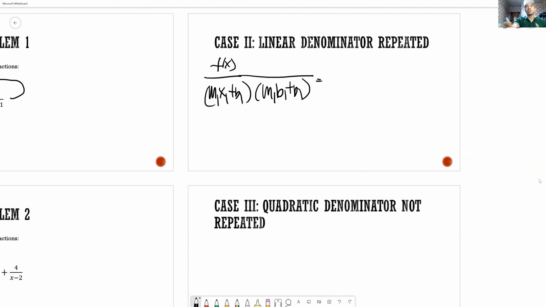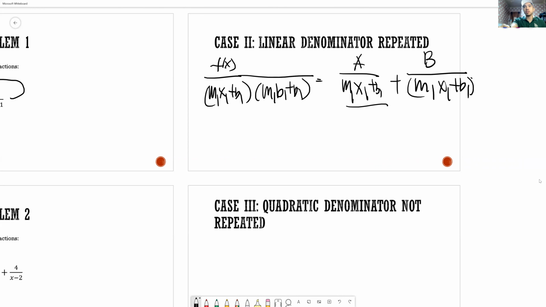Dalawang gano'n. So pagka ganyan, ang ginagawa natin is a over m1 x1 plus b1 plus, please take note, yung b is same pa rin sa kanina, pero nagiging squared ito sa may pang ilang iteration siya. M1 x1 plus b1, quantity squared.